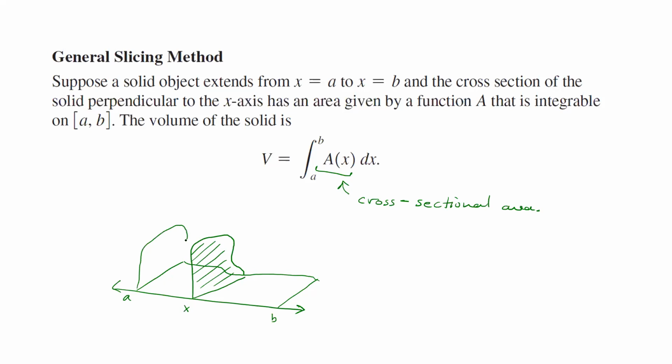And whatever our shape is, some loaf-looking shape, I guess, whatever it looks like, there's some A of x formula that tells me the area of each cross-section.